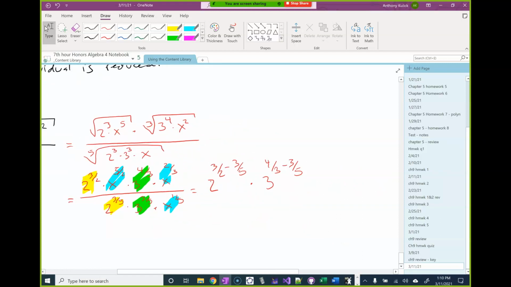So far, so good. The x's in the numerator, I'm going to combine using the product property, and then the one from the denominator using the quotient property.